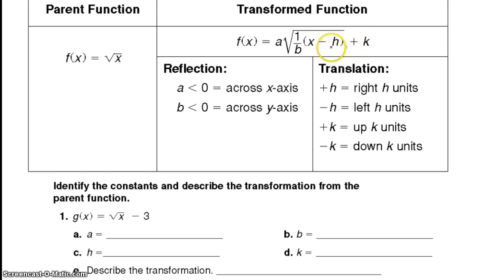All right, from transforming your quadratics, we remember that our h stands for our horizontal shift. Remember that means we either shift to the right or we shift to the left. And remember, it is opposite of what we see in here.